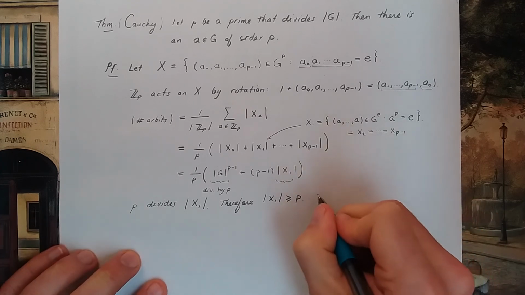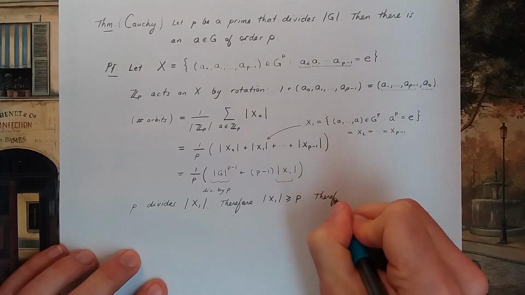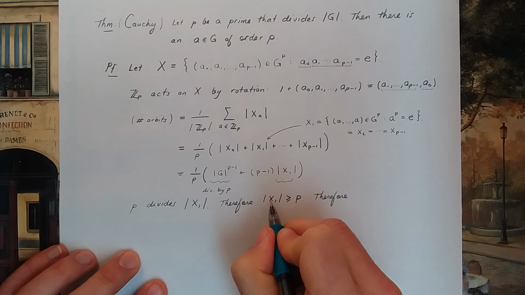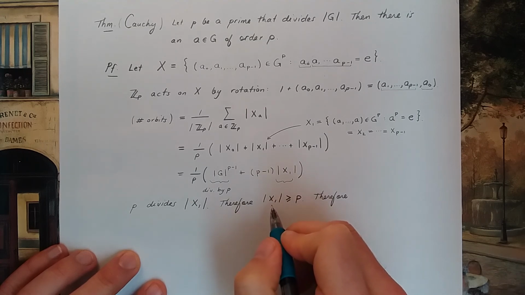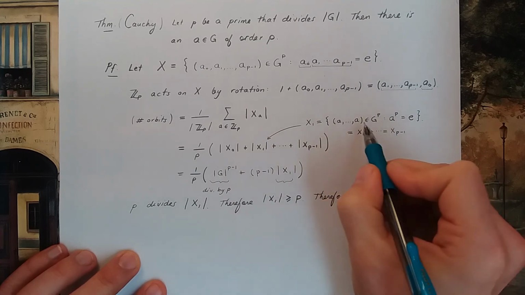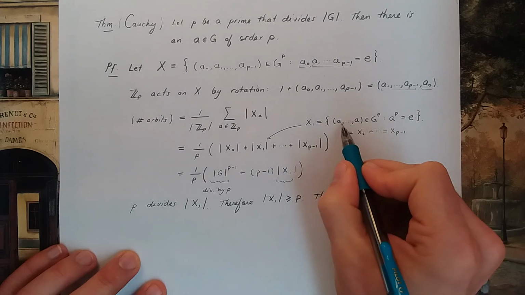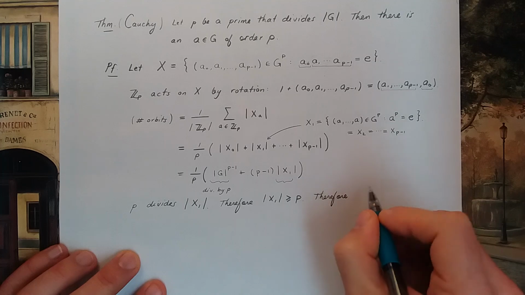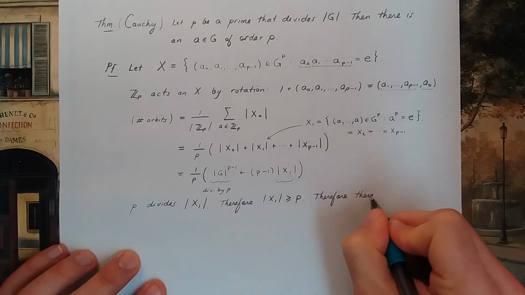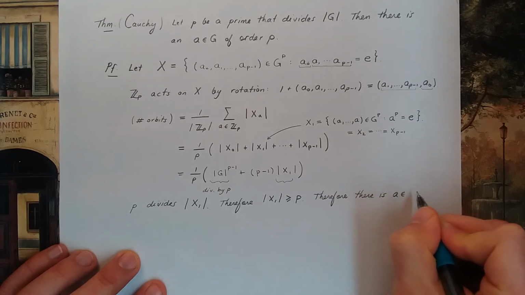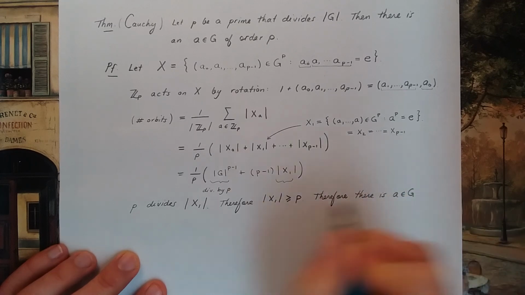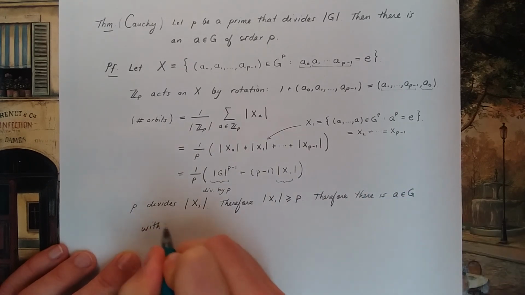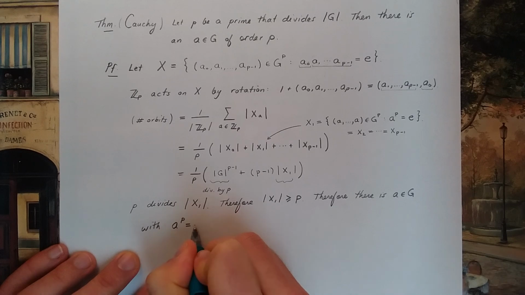So therefore, X1 has at least 2 elements, so there's another element a in the group that has order p. So there is an a in the group with order p.